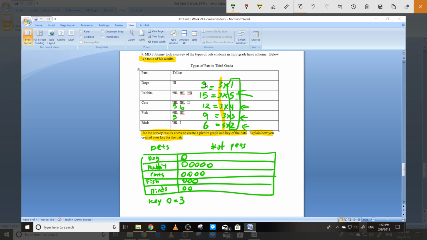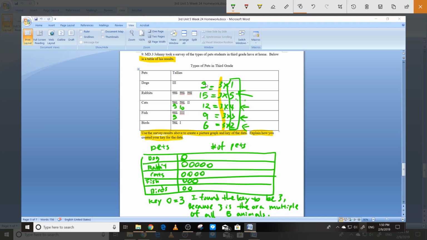Now, how did you find the key? You can write this in many different ways, but I prefer to say, I found the key to be 3 because 3 is a multiple of all 5 animals.